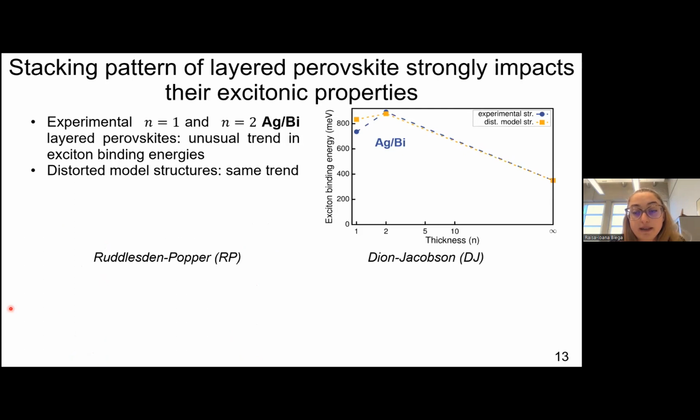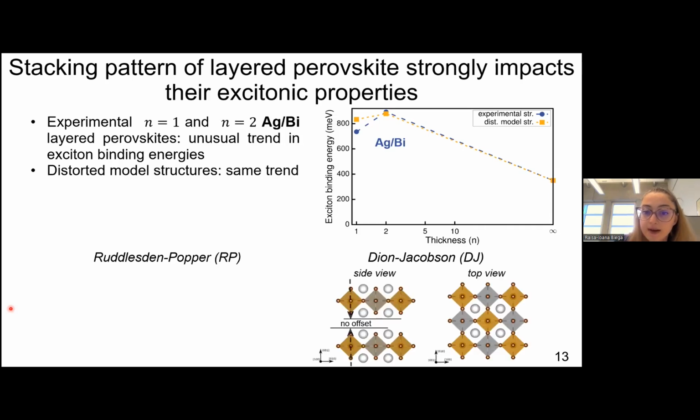And that pointed us to look into the structures, because that means that it's a fundamental difference in the structures. And we actually saw that for the layered systems, there are 2 different well-known phases, Dion-Jacobson and Ruddlesden-Popper.